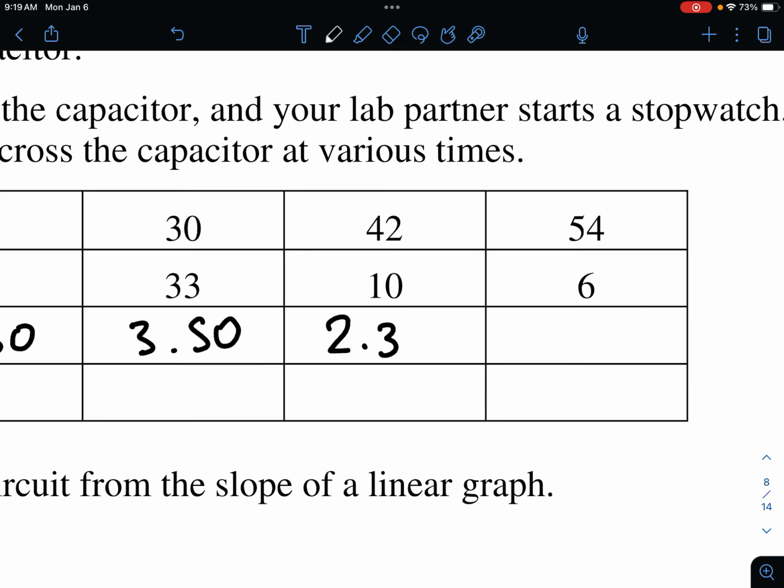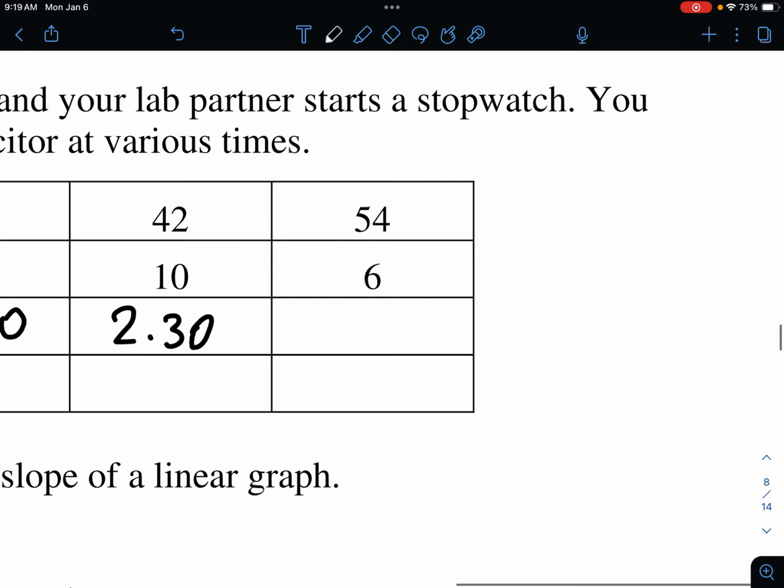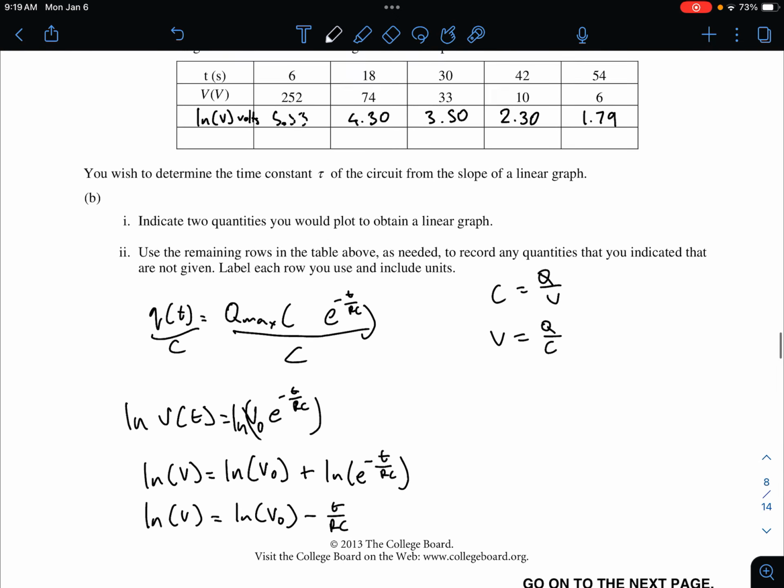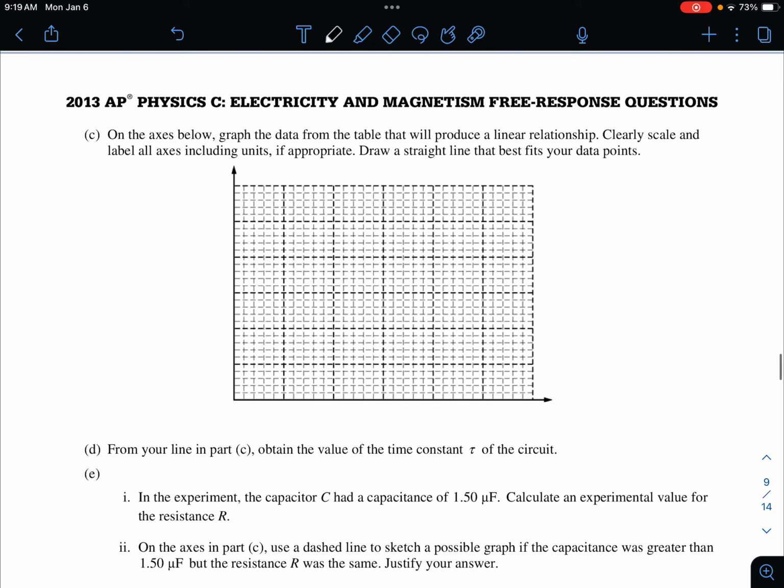I have like a bootleg Apple Pencil, so it's really crappy sometimes. ln 6, 1.79. I don't need to do anything to t. That's already set. Let's graph the data.